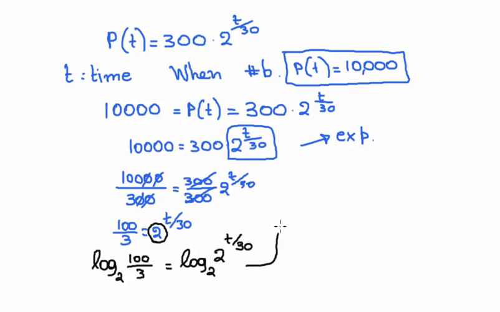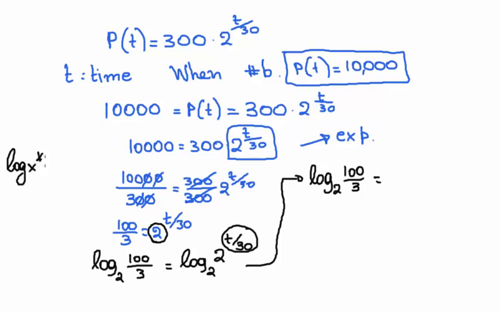At this point, we can use the rules of logarithms in order to simplify our equation. So, on the left side, I have the log, and I'll keep it for the moment as it is, of 100 over 3. And on the right side, I can bring down the exponent using the rule of logarithms that tells me that if I have log of x to the k, this is equal to k times log of x.